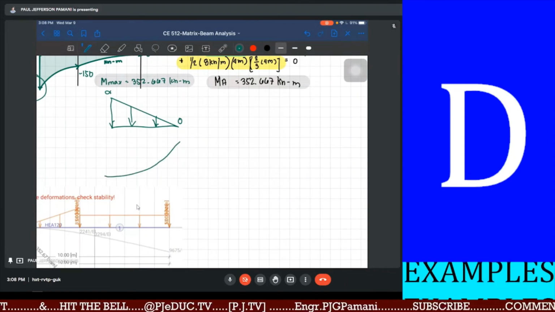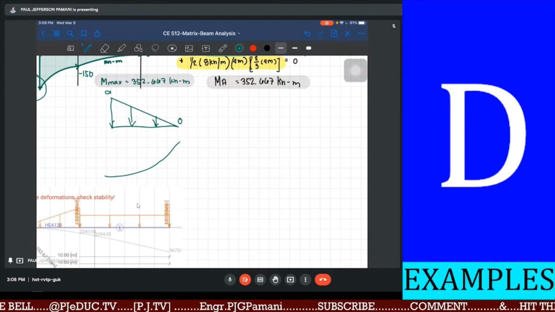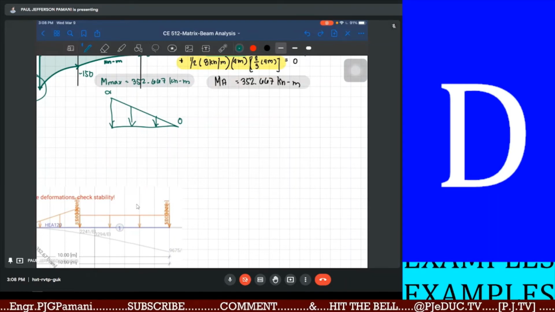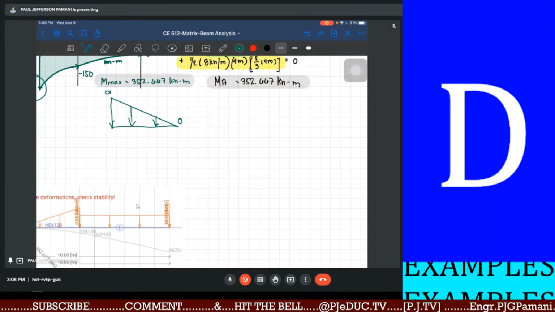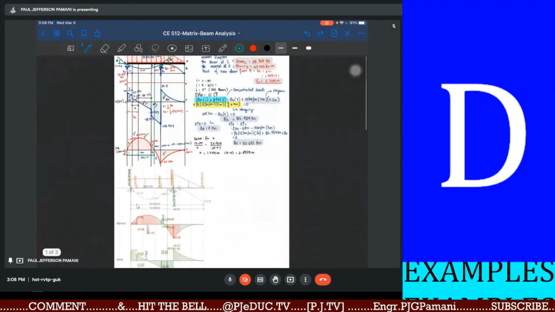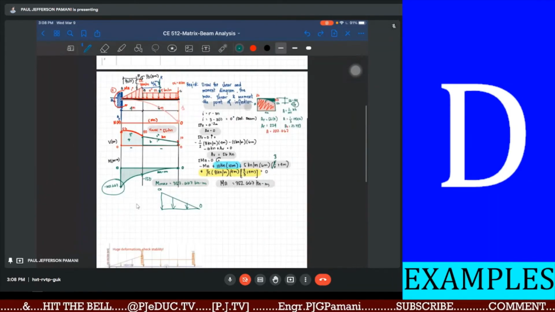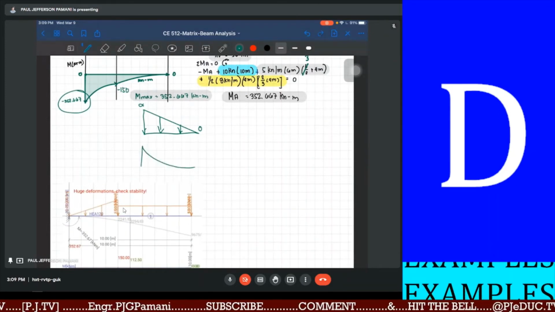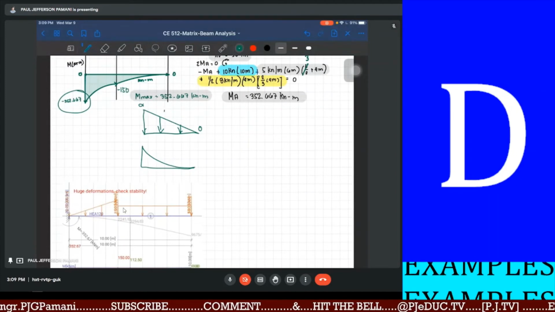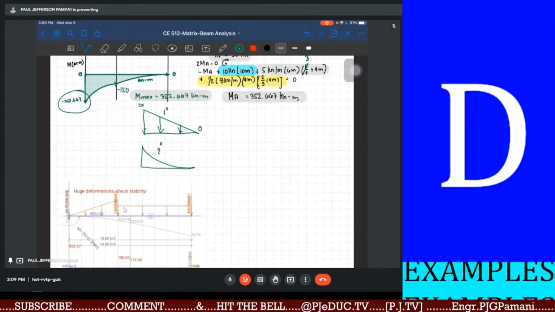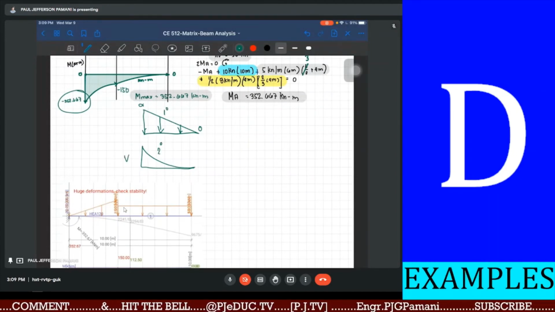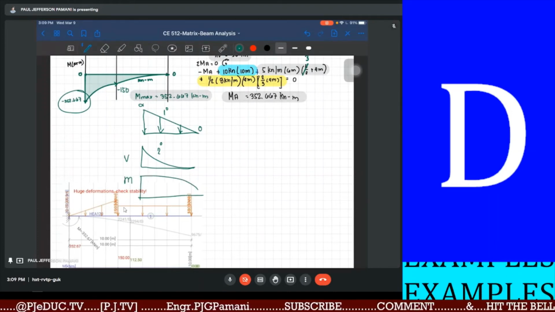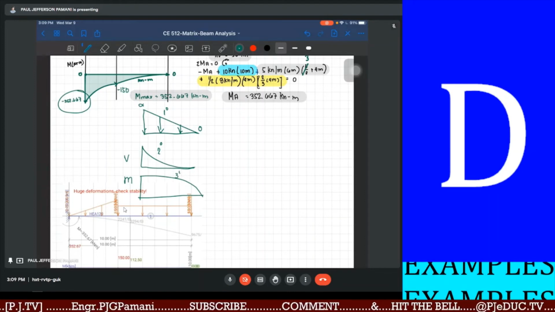Okay. This is first degree. That should be on the second degree for the shear diagram. Then for the moment diagram, the diagram should then open downward, which is now in the third degree.